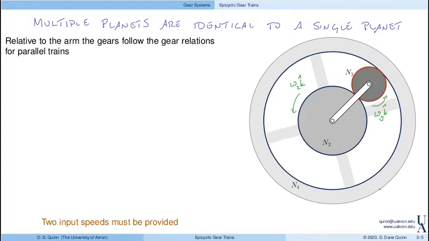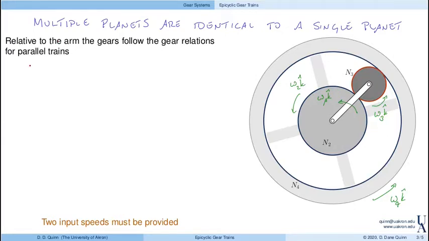And then finally, gear 4 will rotate with omega 4 in the k direction. In addition to the angular velocity of each one of these gears, we also need to define the angular velocity of the arm, because it moves as well. And we'll call that omega A in the k direction.